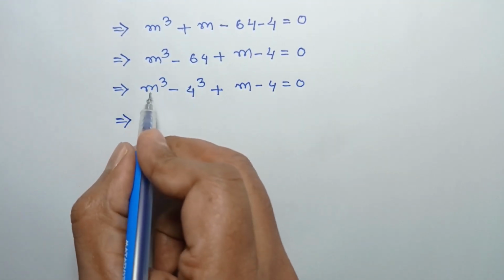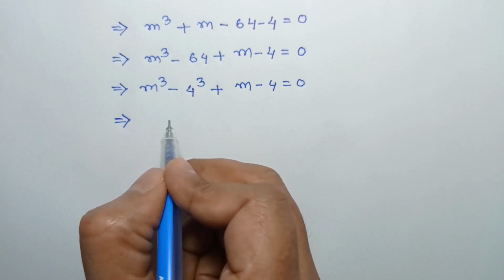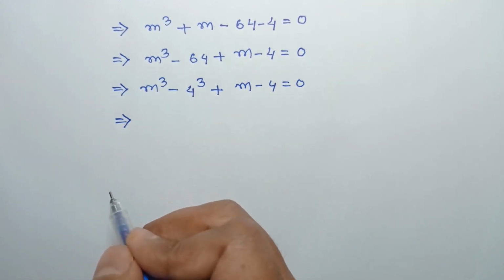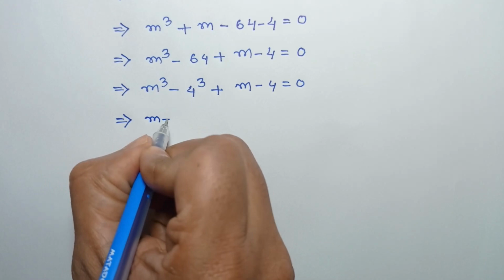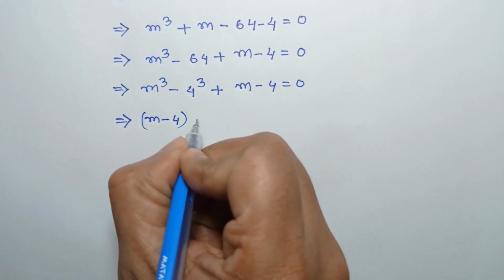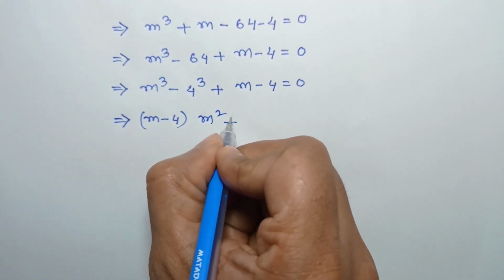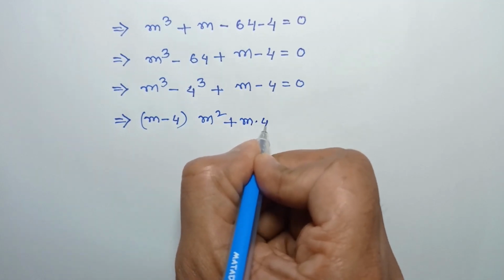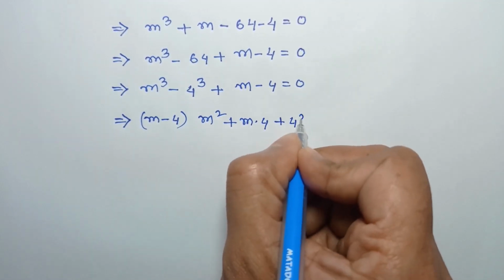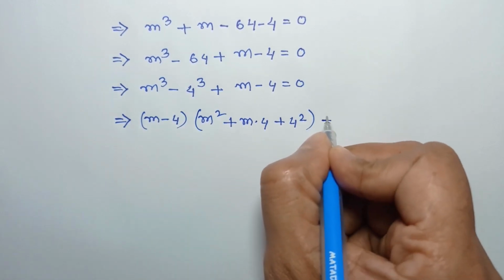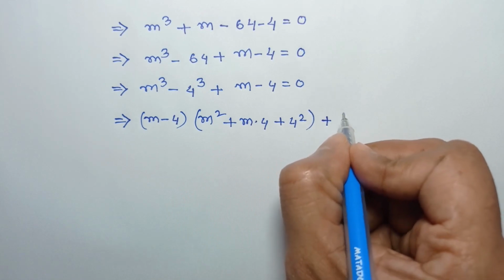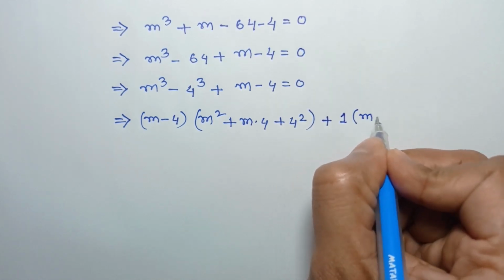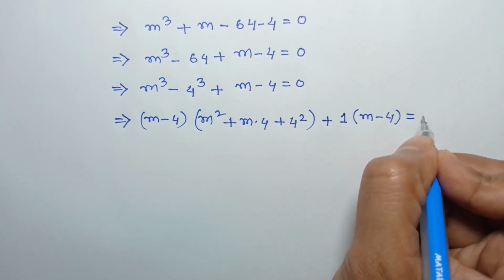Or applying the formula a cube minus b cube is equal to a minus b times a square plus ab plus b square, we can write it as m minus 4 times m square plus m times 4 plus 4 square, plus taking common 1 from m minus 4 we will have 1 of m minus 4 is equal to 0.